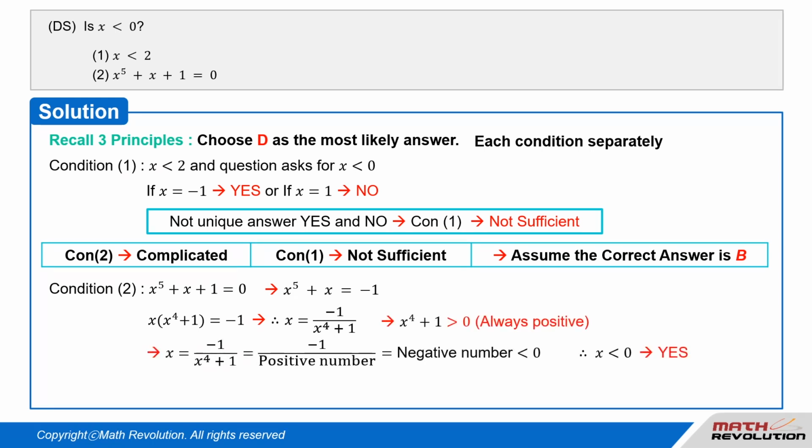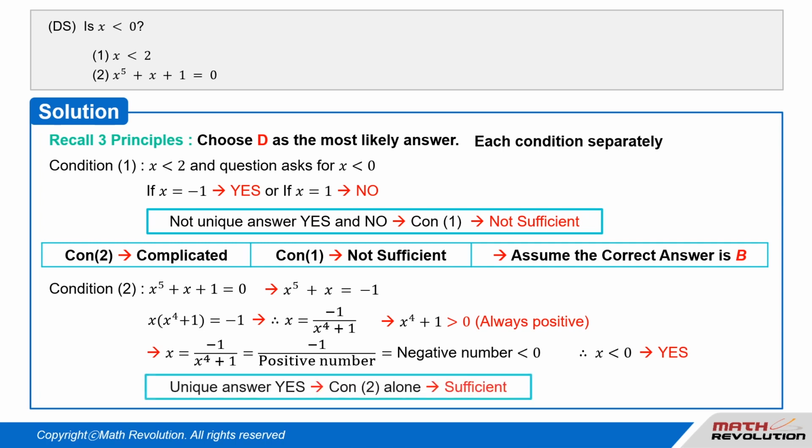Since the denominator, x to the power of 4 plus 1, is always positive, the answer x is always negative, because dividing -1 by a positive number always results in a negative answer. This satisfies x is less than 0. The answer is unique, yes, so condition 2 is sufficient.